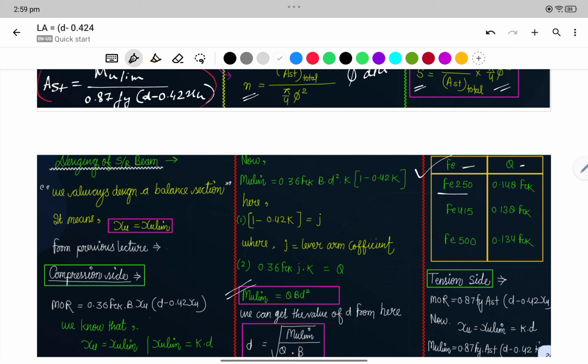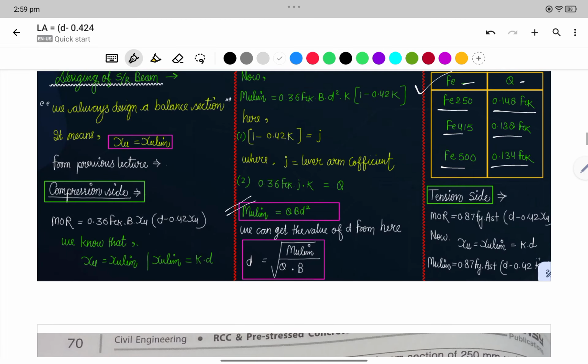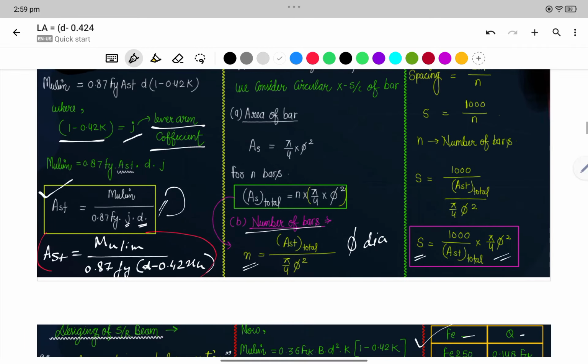For Fe 250, the Q is 0.148 fck. For Fe 415, the Q is 0.138 fck. And for Fe 500, the Q is 0.134 fck. Okay, so by putting this value in, we know Q, and b and d will be given. So Mu limiting will be found, and if you get the Mu limiting, you will get the Ast.